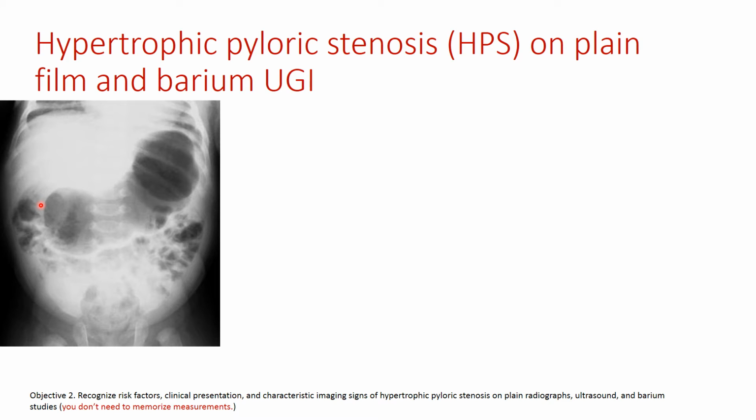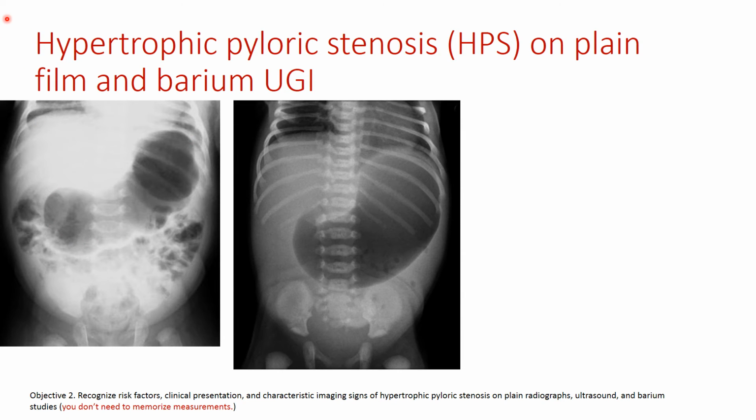Early on in the disease, because this is a progressive thing where this progressively gets worse, we will see a little bit of gas get through the pyloric channel, and so you'll have a little bit of gas in the abdomen, but you still will see this large stomach. Late in the disease, when there's a complete obstruction, you might see this large air-filled stomach, and you won't see much gas to speak of within the remainder of the abdomen.